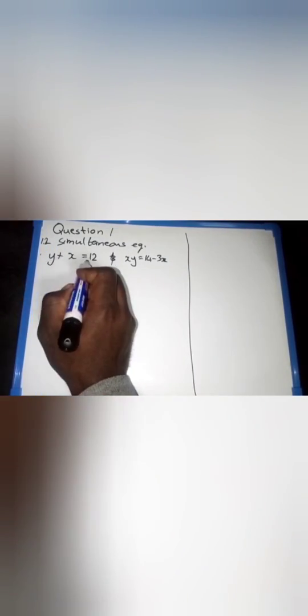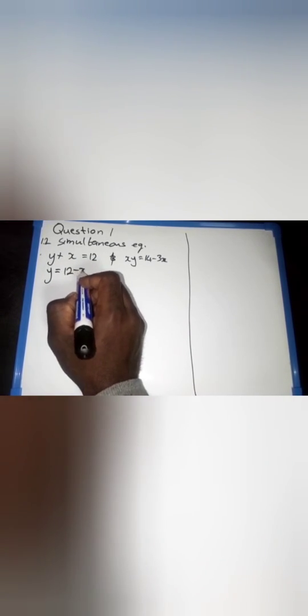So what I'll do is change this so that I make y the subject of the formula. y will be equal to 12 minus x. I'll say this is my equation 1, and then here I'm going to use this as my equation 2. So you'll have to substitute one of the equations.